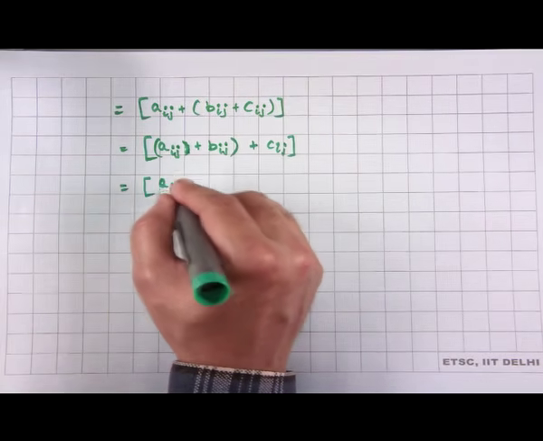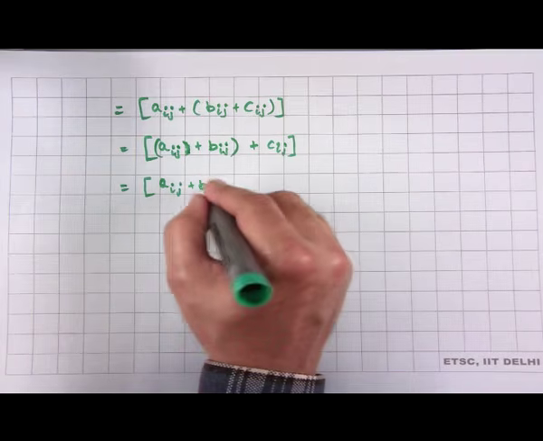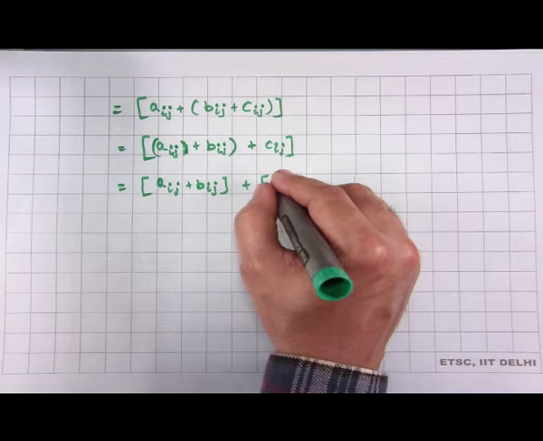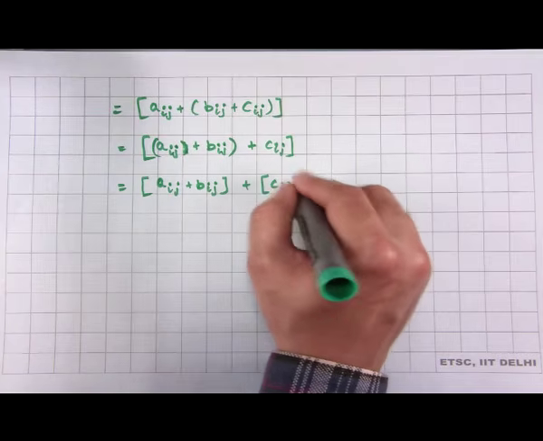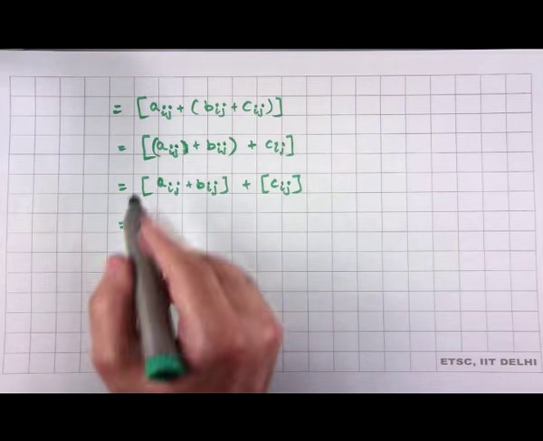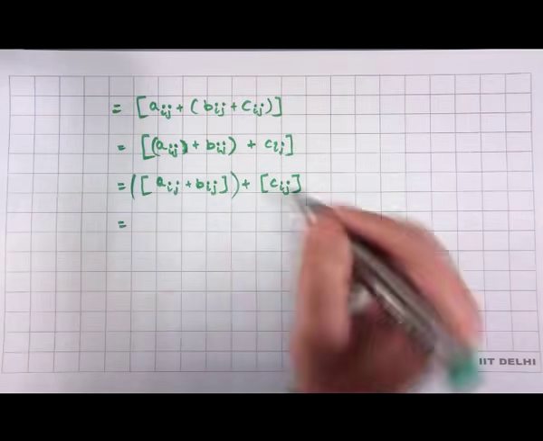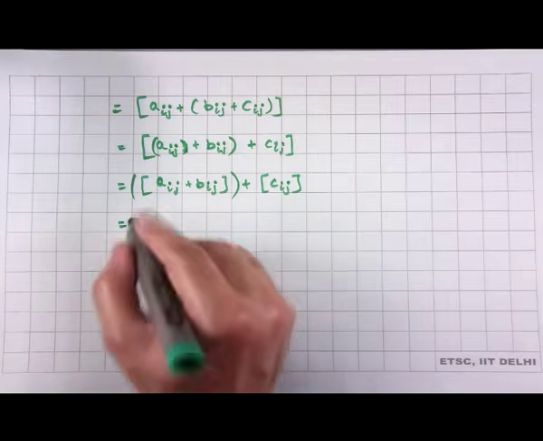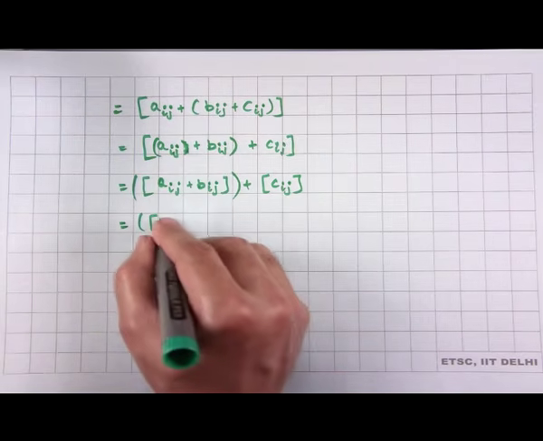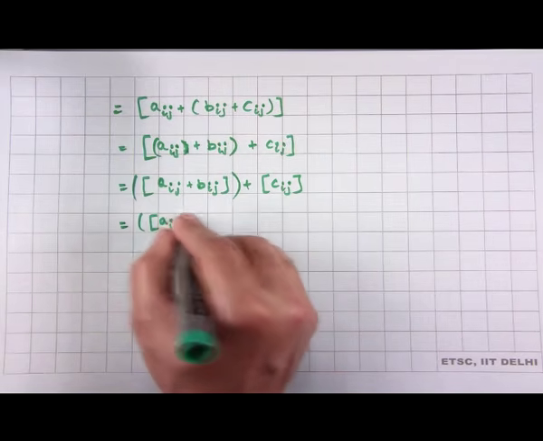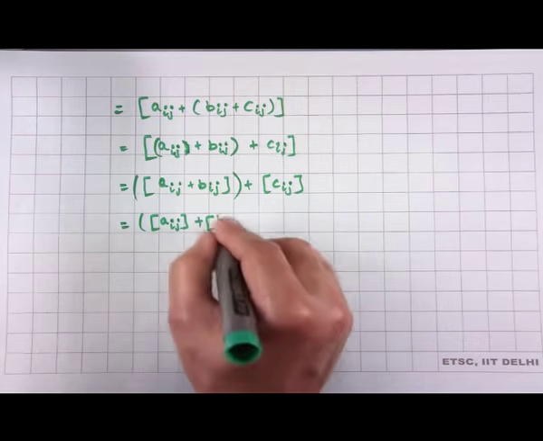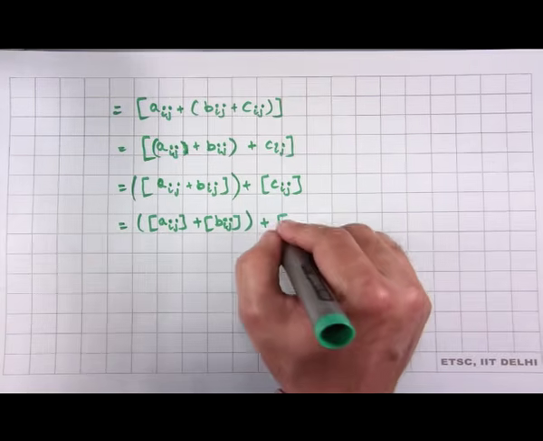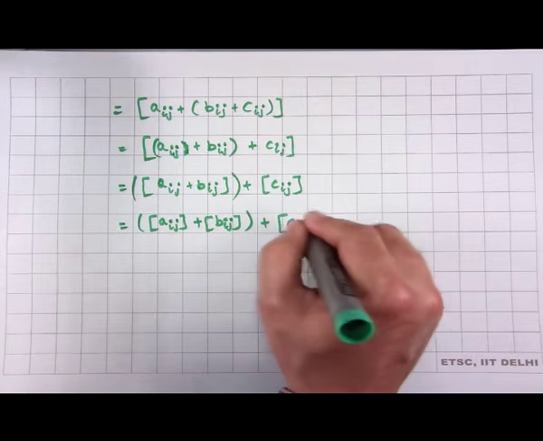This is the matrix with entries a_ij plus b_ij plus a matrix with entries c_ij. Again, using the definition of addition of matrices, this is the same as the matrix with entries a_ij plus the matrix with entries b_ij, plus the remaining, which is the matrix with entries c_ij.